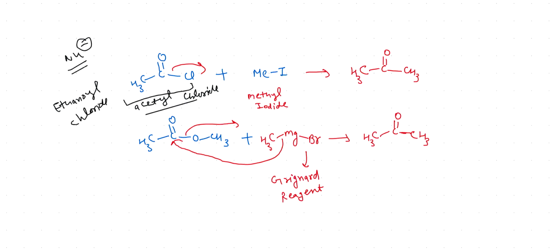Here, methyl iodide. As we know, iodine is a larger group and it is electronegative in nature. It will acquire a partial negative charge, and methyl will acquire a partial positive charge.